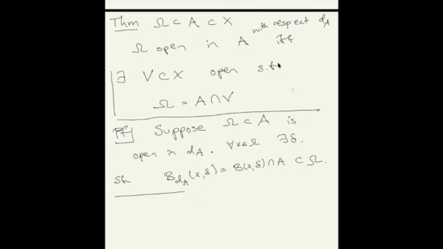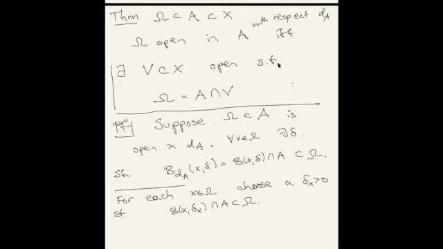So let's now, for each x in omega, choose a delta x positive such that B(x, delta x) intersect A is a subset of omega. This is possible by what we just said, but this requires infinitely many choices.